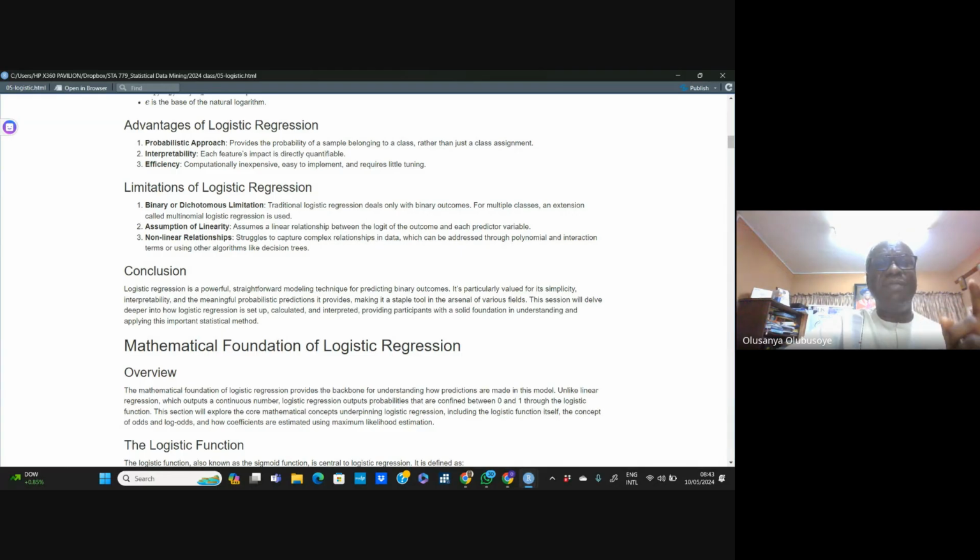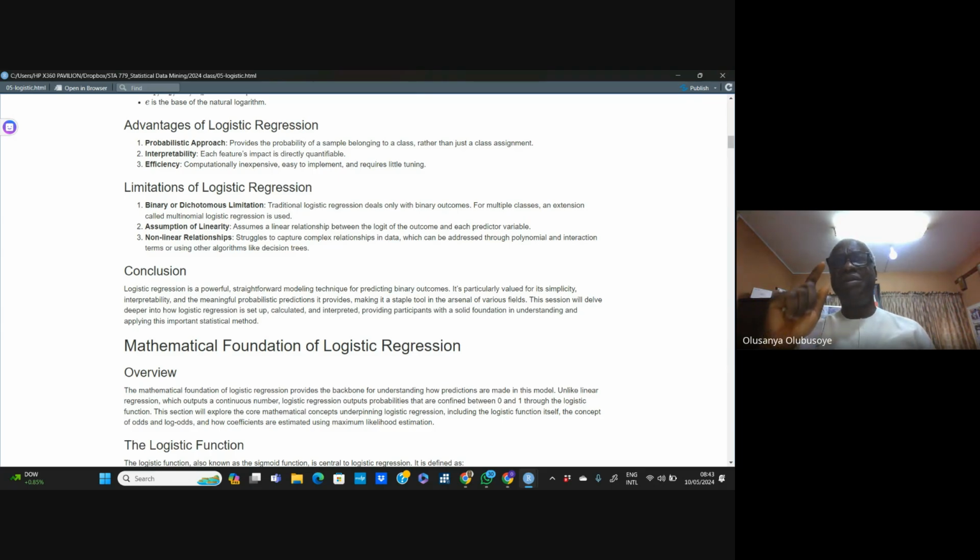Another limitation is that it is only assuming a linear relationship, not between the dependent variable and the independent variables, or the features in this case, but it's only assuming a linear relationship between them and the logit. The logit itself is the expression for transforming the outcome variable to probability.